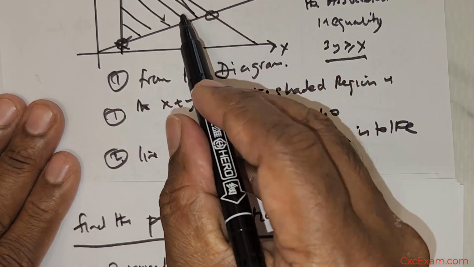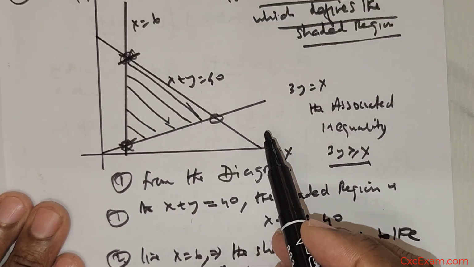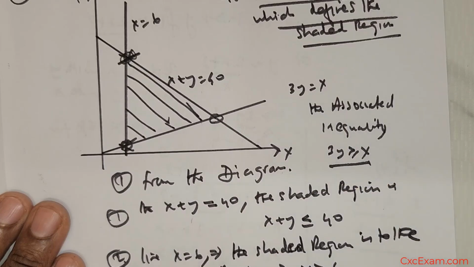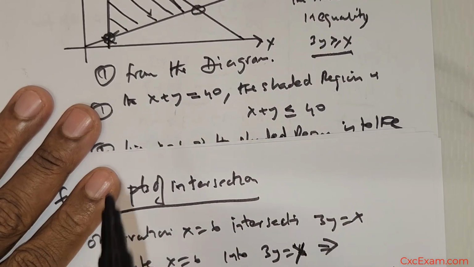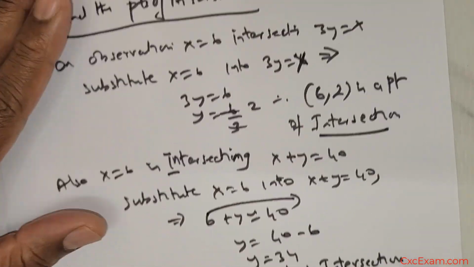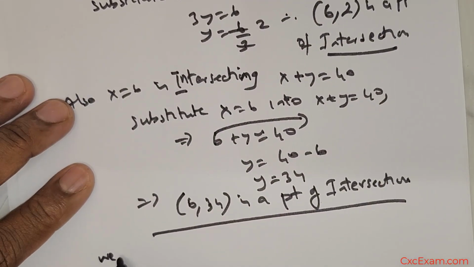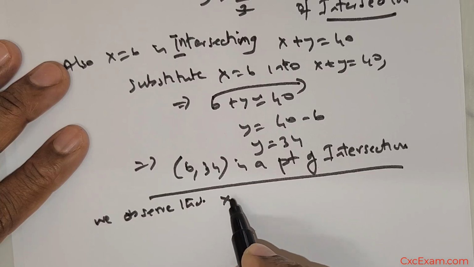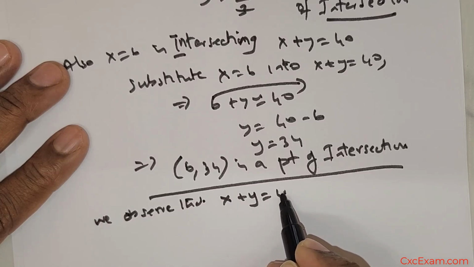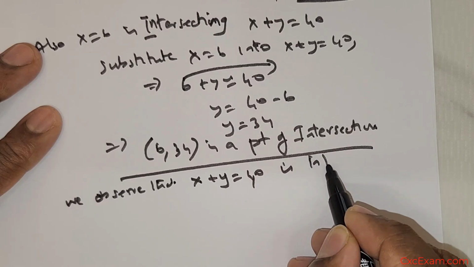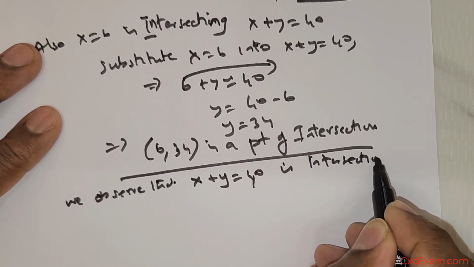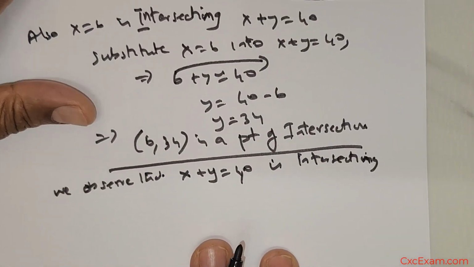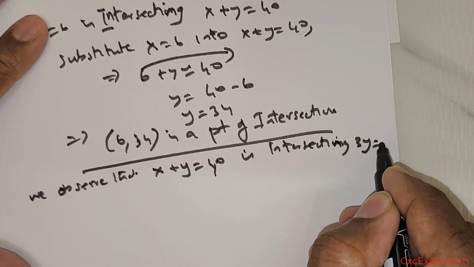Now x + y = 40 is moving like this and it is hitting 3y = x. So now we need to get this point of intersection. Okay, so I'm going to state here, we observe that x + y = 40 is intersecting 3y = x.